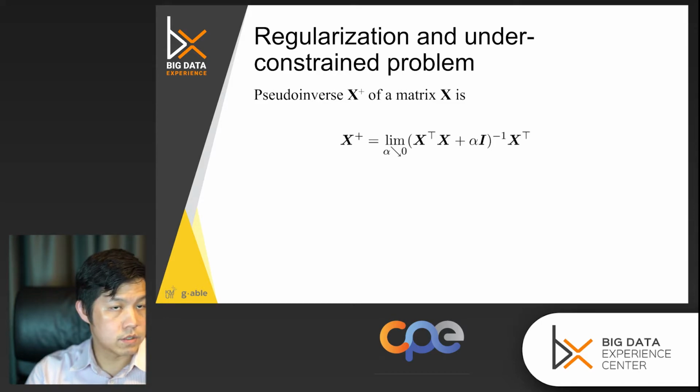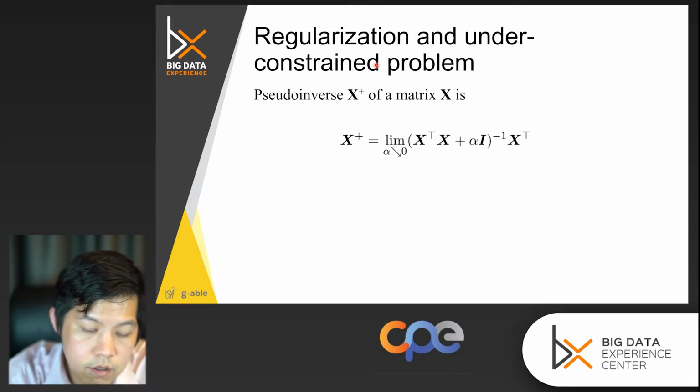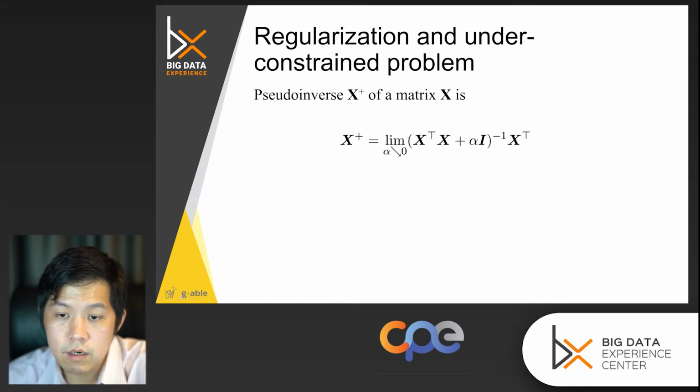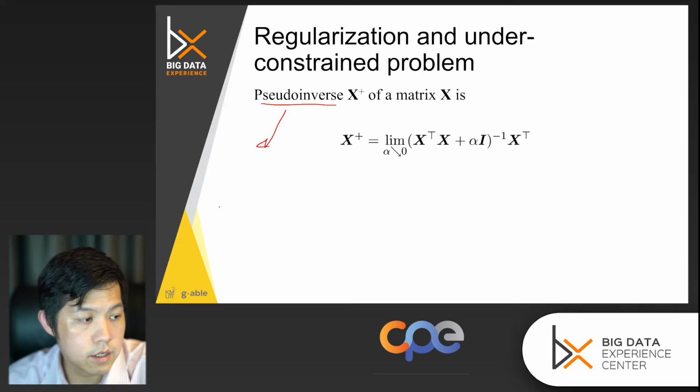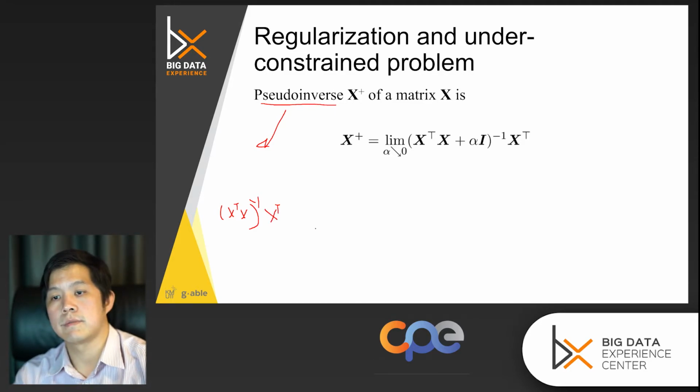The pseudo inverse is usually A transpose times A. Let's use X transpose times X, inverse, and then X transpose, and then you multiply this with Y.